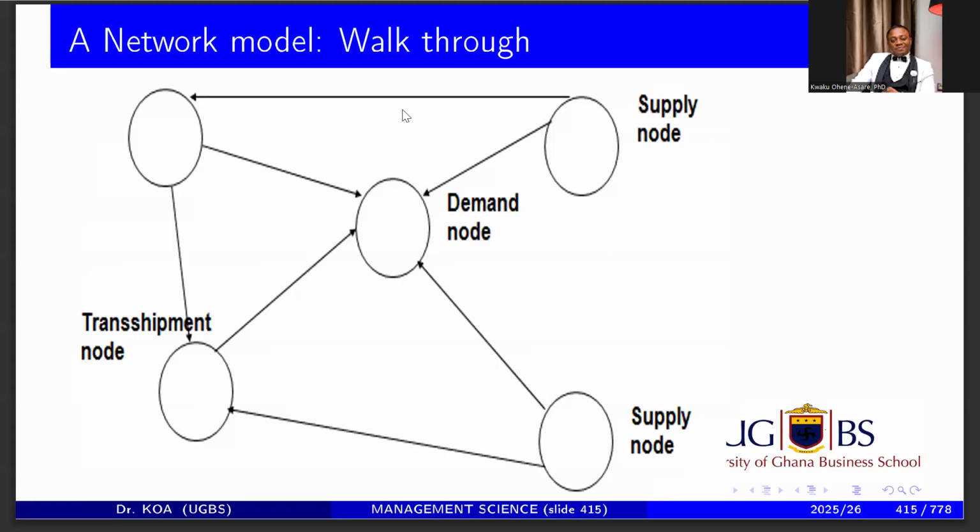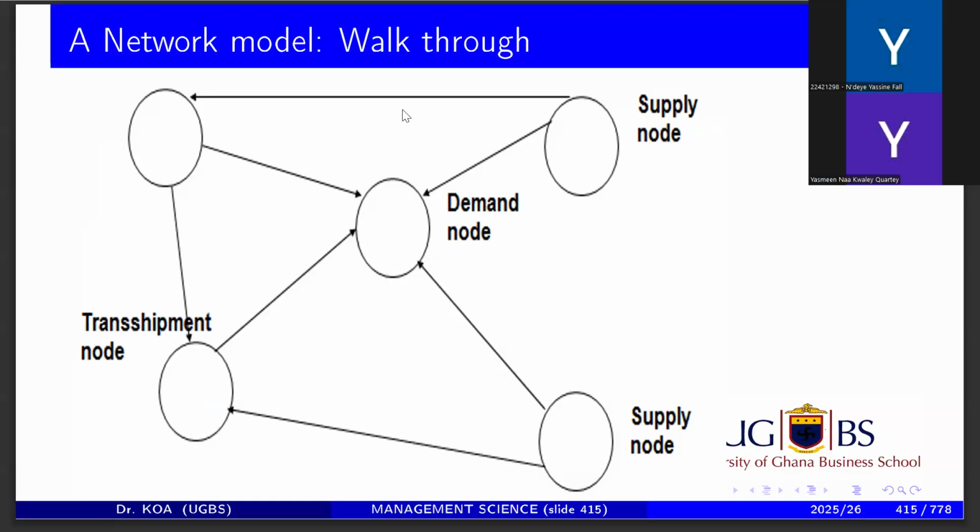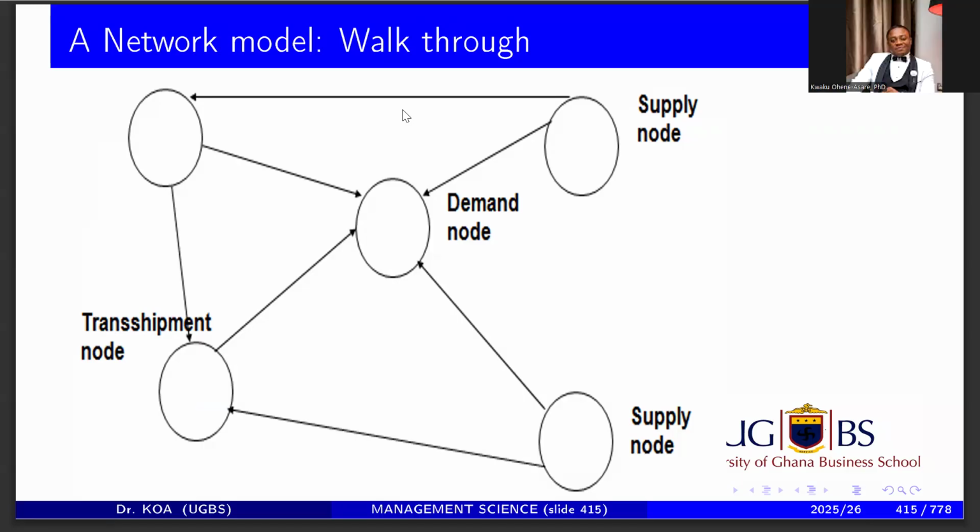So look on your screen there. How many nodes do we have? Yasmin. Five. Five nodes. Good. How many constraints do we have? Who can tell us?